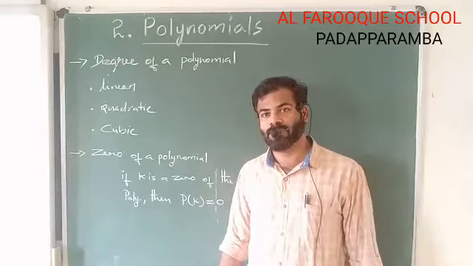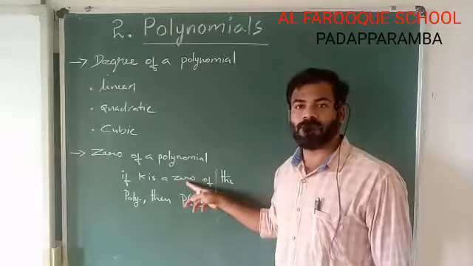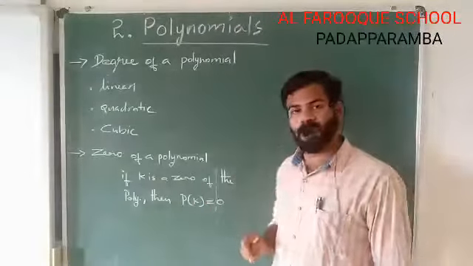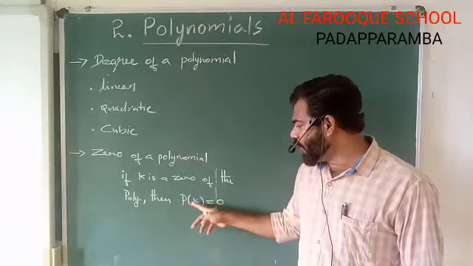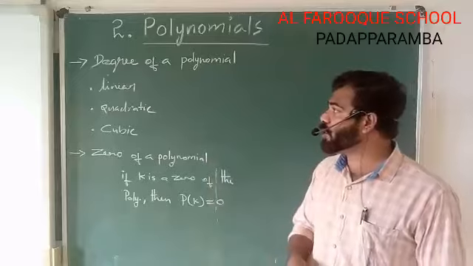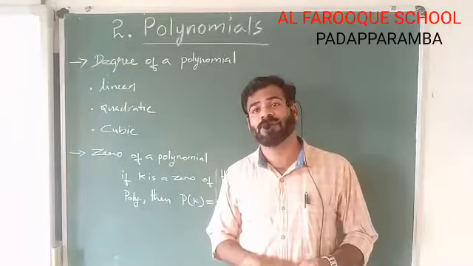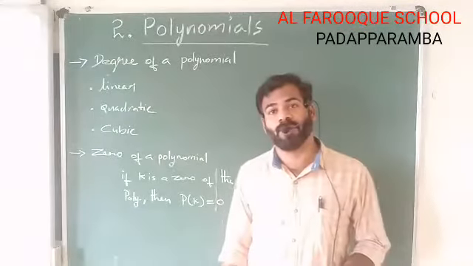In another word, if k is a zero of a polynomial where k is a real number, then p of k should be equal to 0. That is the condition. So we rewound two points: degree of a polynomial and zero of a polynomial.